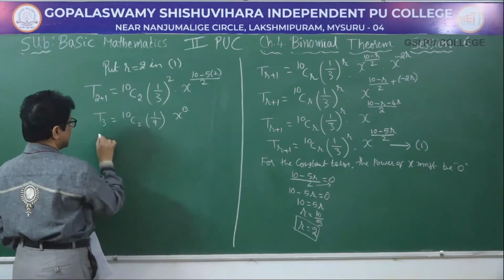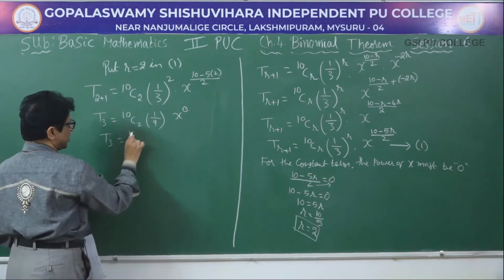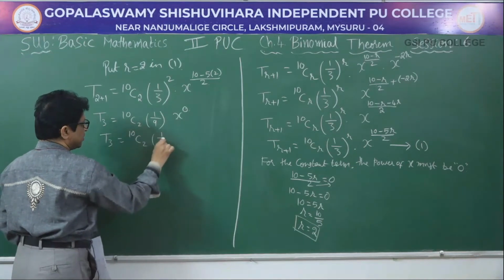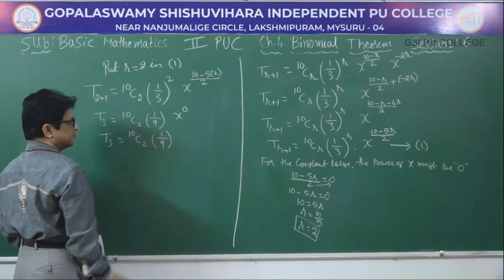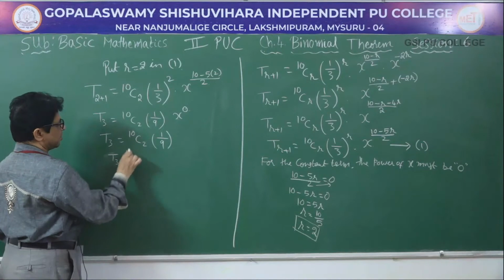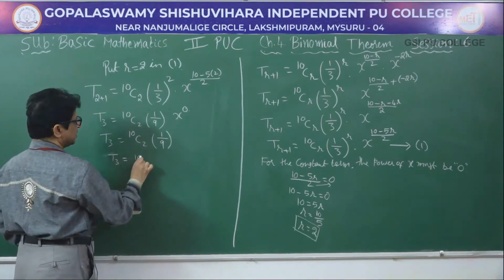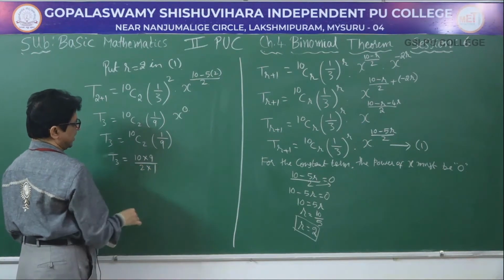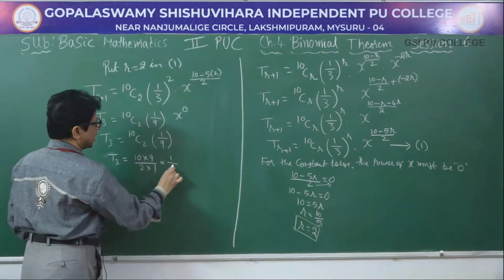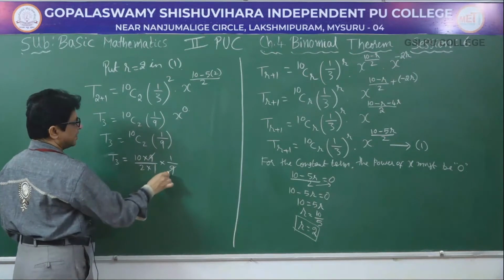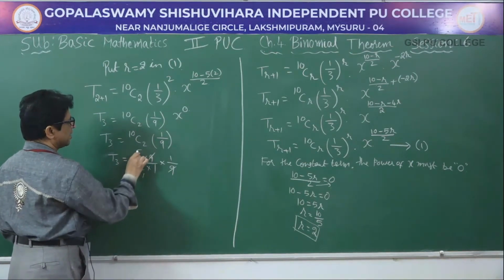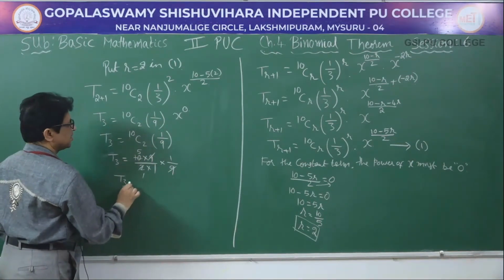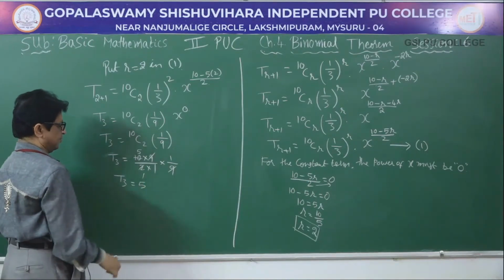So x power 0 is 1. So T3 is equal to 10C2 into 1 by 9. 10C2 is nothing but 10 into 9 by 2 into 1, into 1 by 9. So 9 and 9 will get cancelled. 2 1s are 2, 2 5s are 10. T3 will be equal to 5.